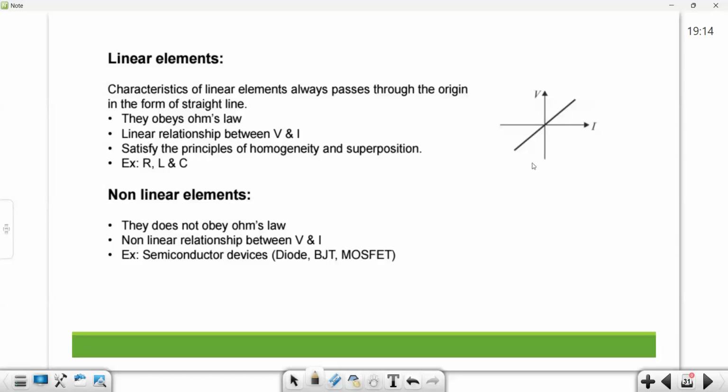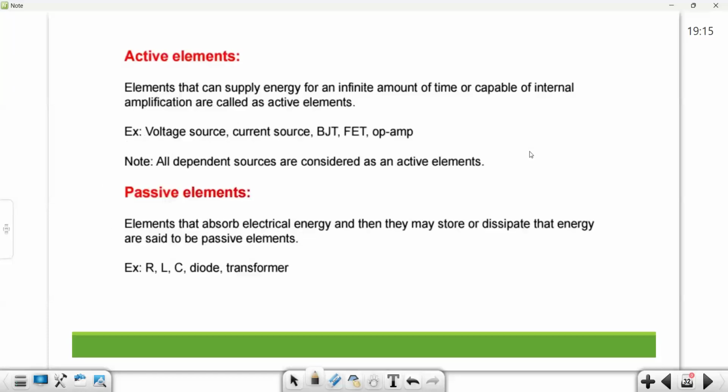That means V is directly proportional to I, which is Ohm's law. It satisfies the principle of homogeneity and superposition. If it is non-linear, they do not obey Ohm's law, and there is no linear relationship. All semiconductor devices are mostly non-linear elements.